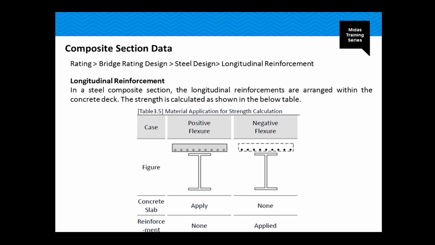In a steel composite section, which is this case, you can define the arrangement of the rebar on the concrete deck, and you can use the program to apply it in each one of the sections where there is a positive or negative flexure of the slab.